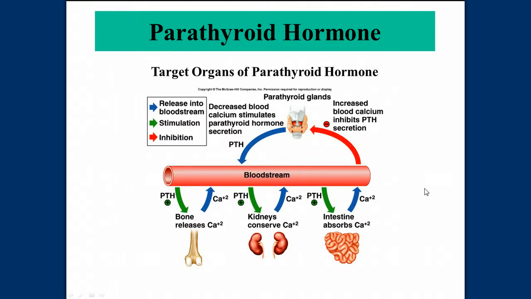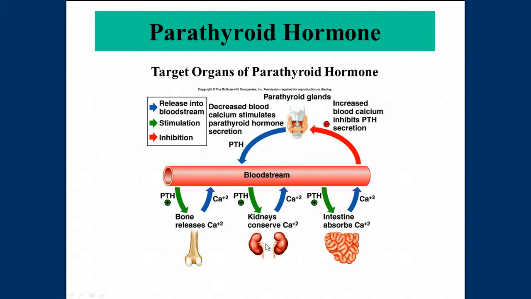Target organs for parathyroid hormone, we already said. What are the target cells for PTH, parathyroid hormone? It would be the bone cells. They can convert to osteocytes, can convert to osteoclasts to help to break down bones to release the calcium to the bloodstream.